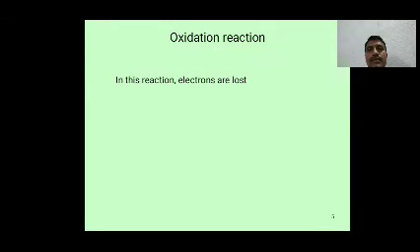The reaction in which an atom, ion or molecule loses electrons is called oxidation. Like sodium, loss of one electron from the valence shell to form Na+. This reaction is called oxidation.